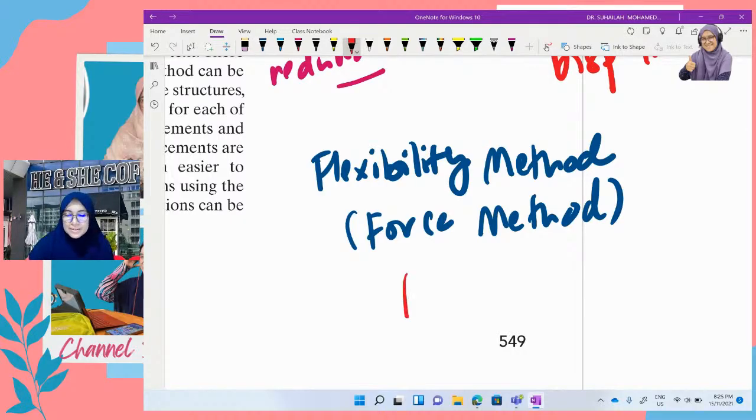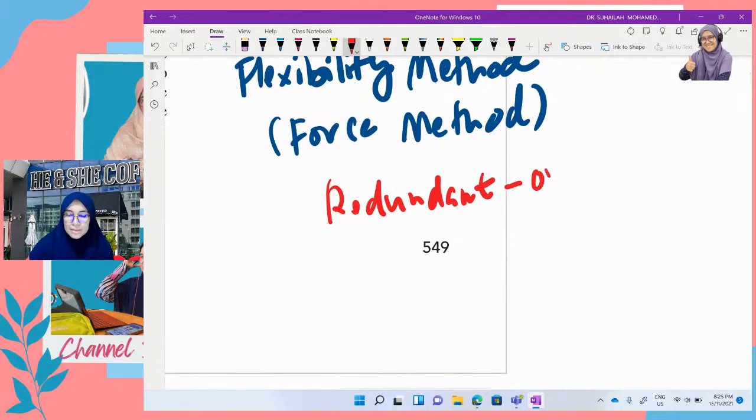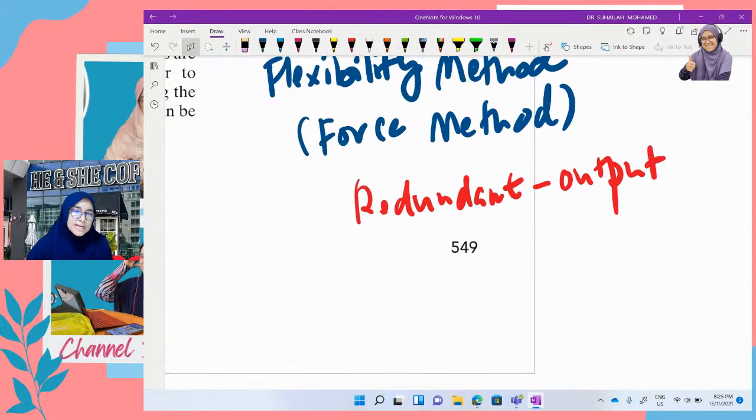Because of the redundant. The redundant is the output. And to solve for the redundant, we solve the flexibility equation.